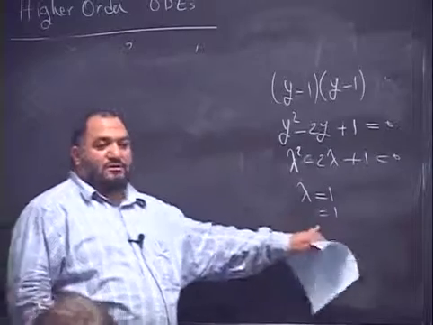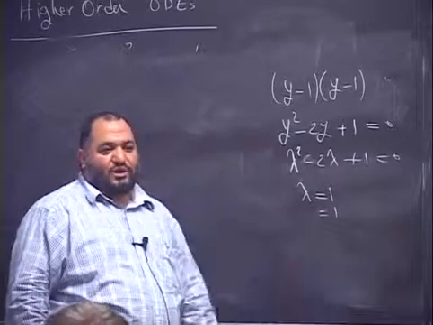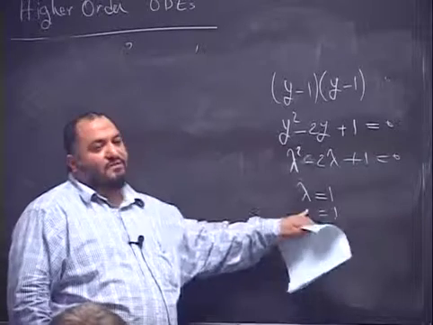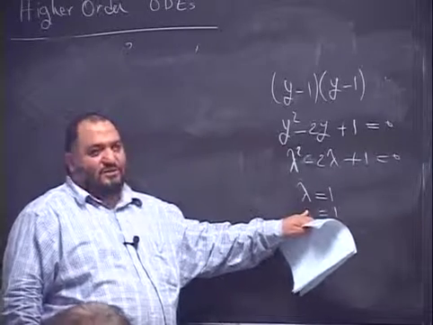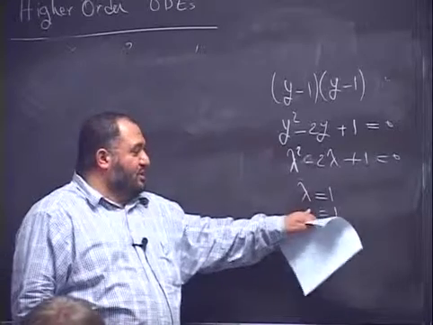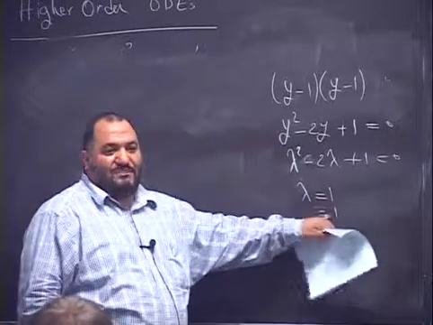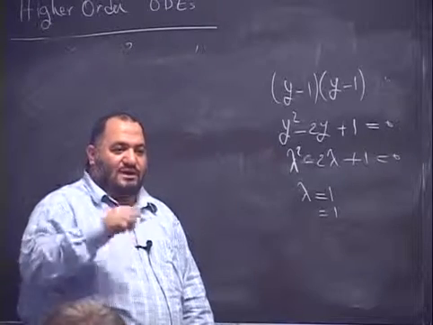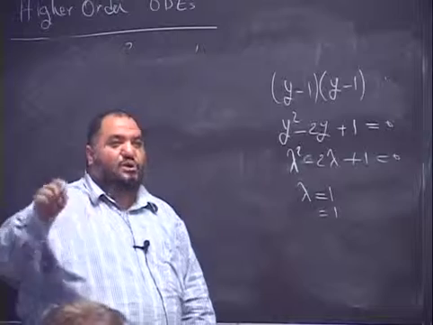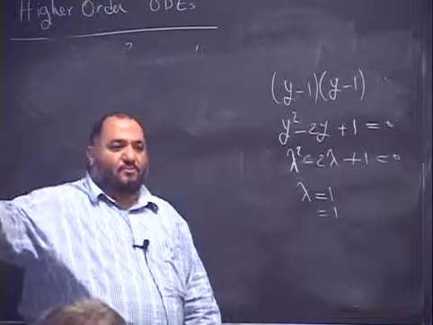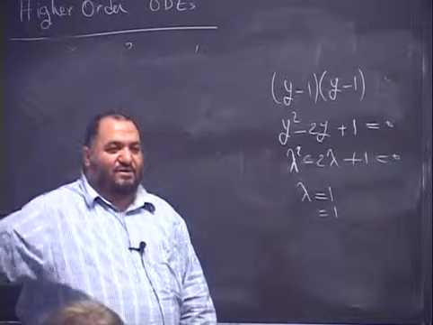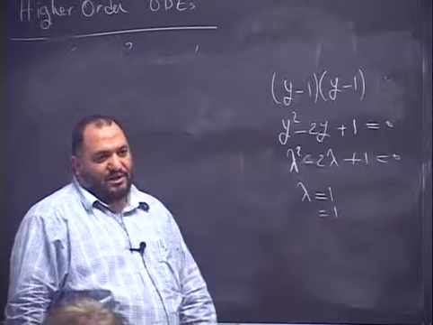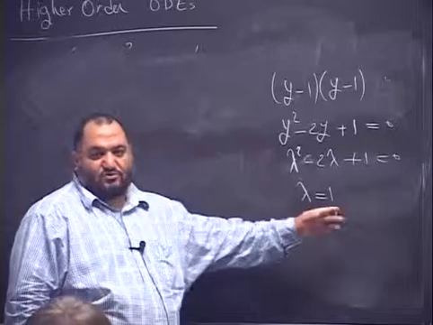Those are the same roots, so they are not distinct roots. In this case we will have a slightly different way to tackle the problem, because you knew that our solution was C1 y1 plus C2 y2 plus C3 y3 up to Cn yn plus the particular integral. In this case, y1 and y2 will not be linearly independent, so we have to look for something else.